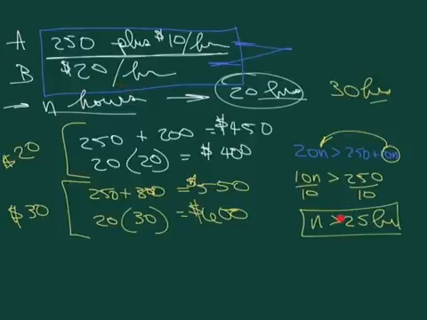Okay? So at 25 hours, she's going to make $500. Here, she's making $250 plus $250 is $500. So at this point right here, both A and B, she's making the same amount. Anything over 25 hours, plan B is the better amount. Anything less than 25 hours, A is the better amount.